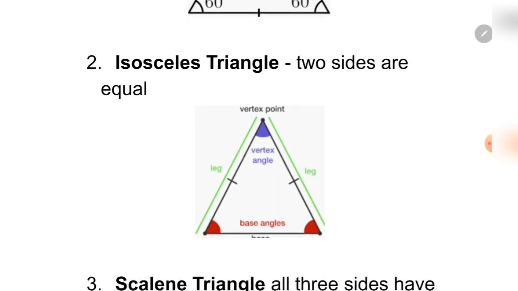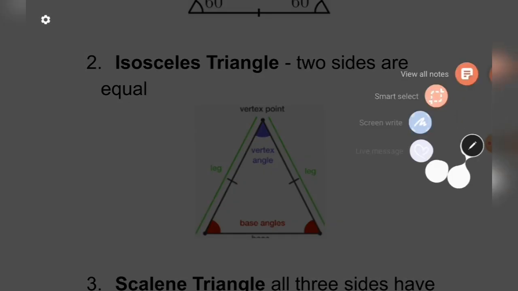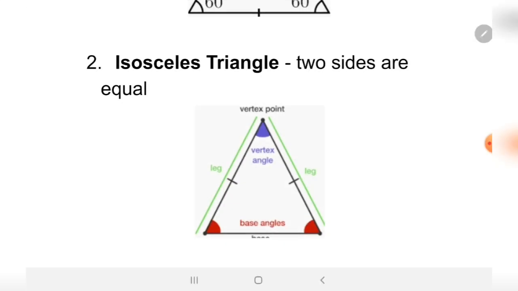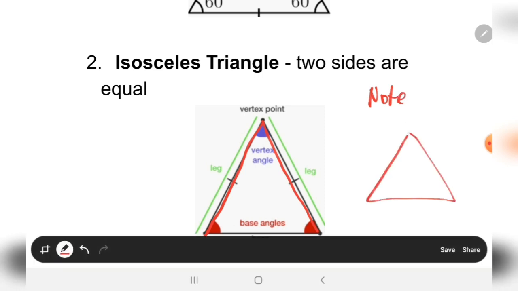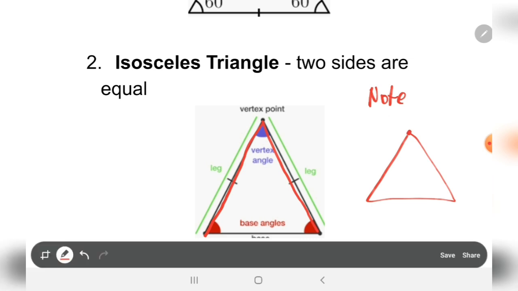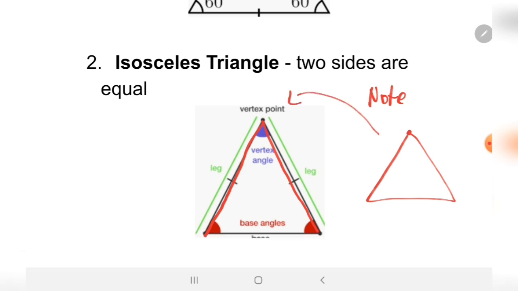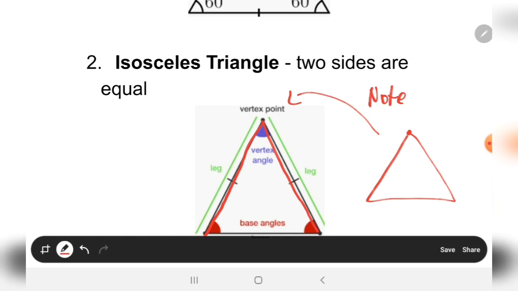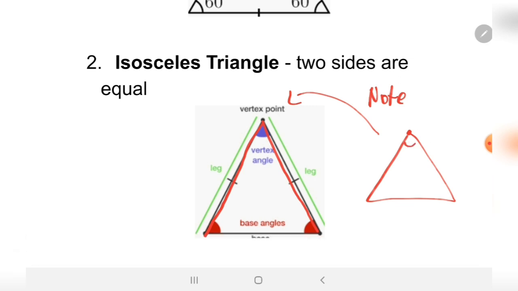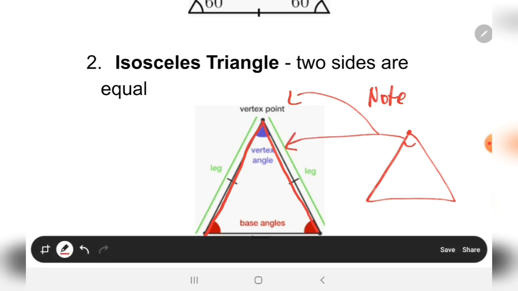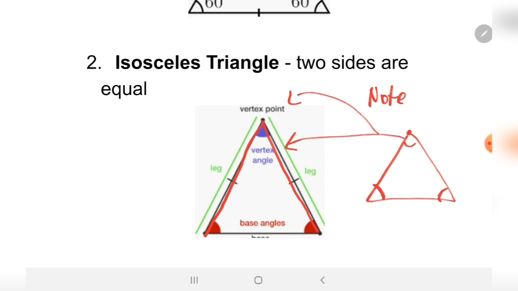Next, isosceles triangle. In an isosceles triangle, 2 sides are equal. In the figure below, it shows that the 2 sides are equal. And note that in every triangle, the highest point is what you call the vertex point, and the highest angle is what you call the vertex angle.